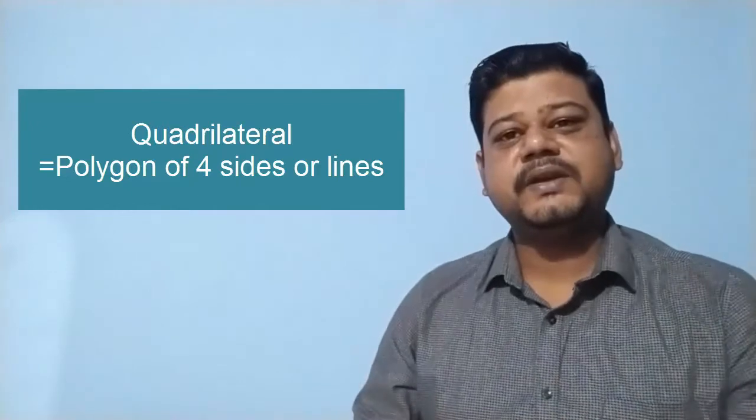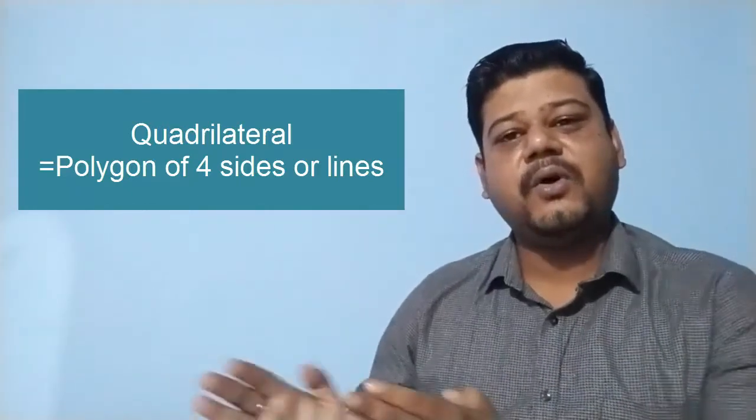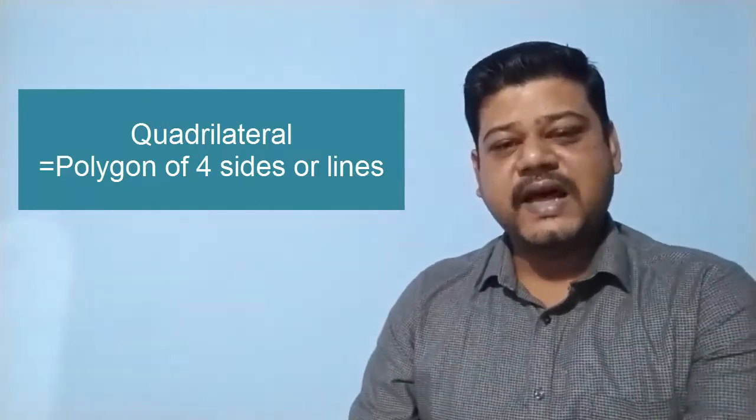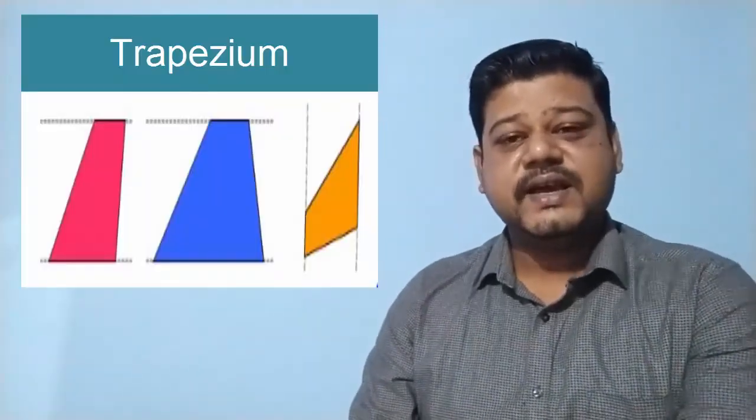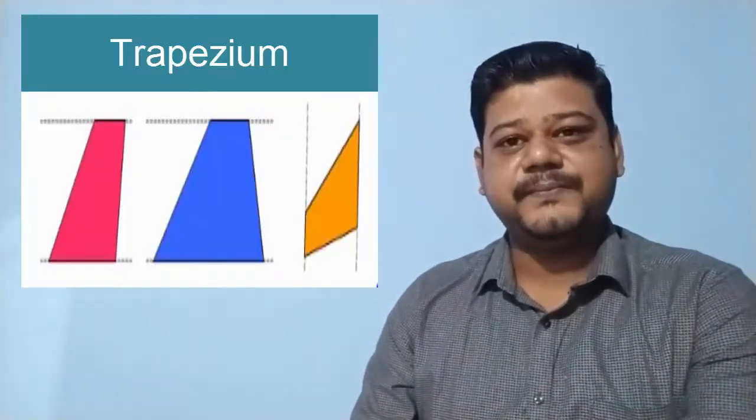Now, depending on those 4 lines, quadrilaterals are of different types. The first type of quadrilateral that we are going to discuss is a trapezium.